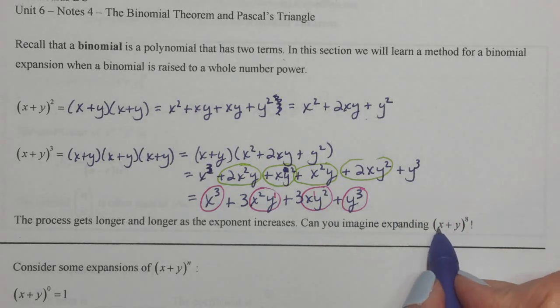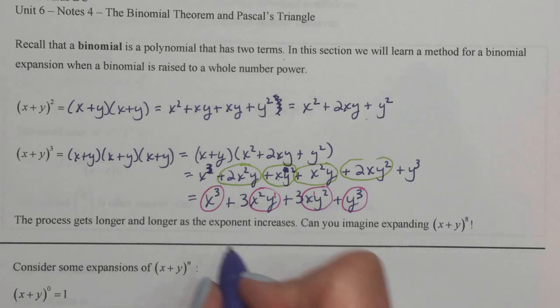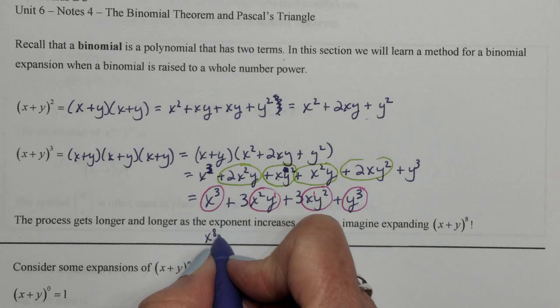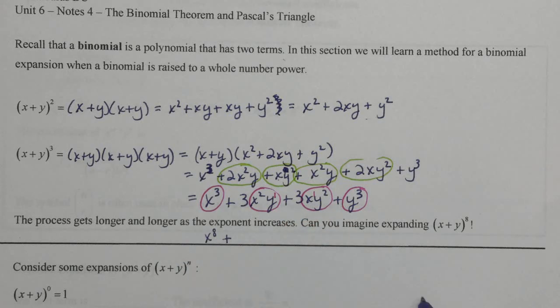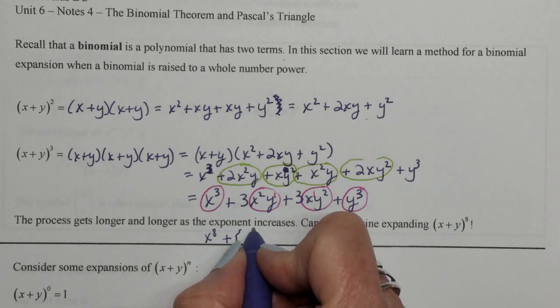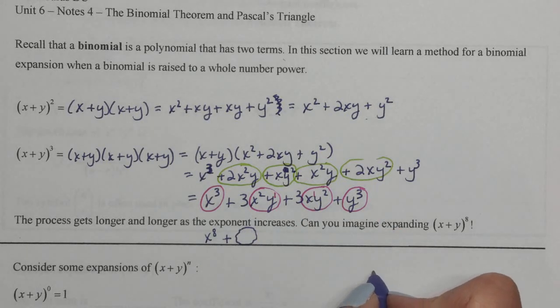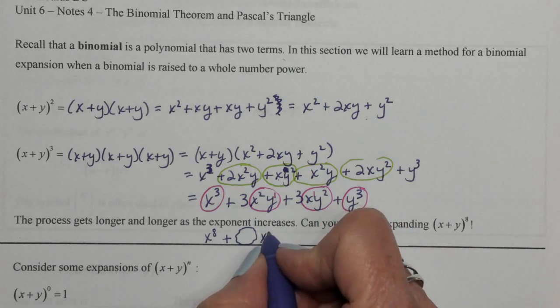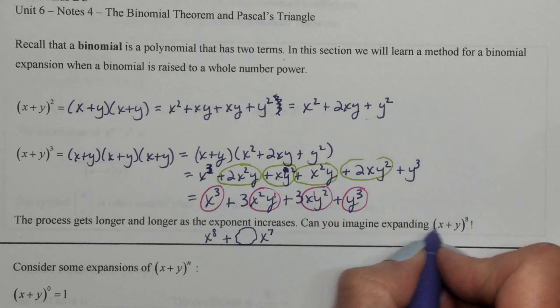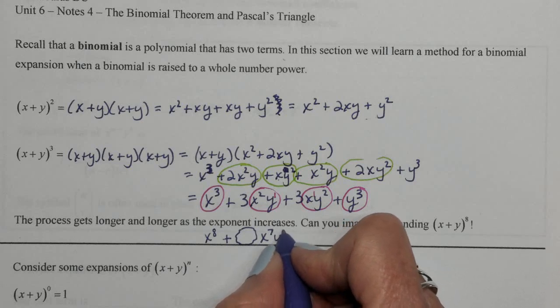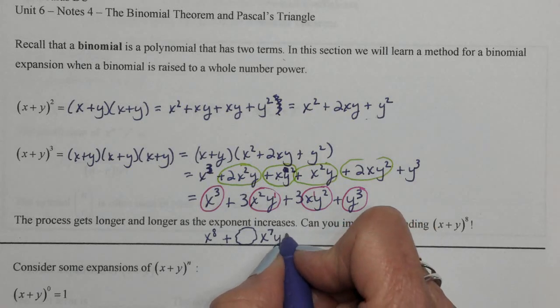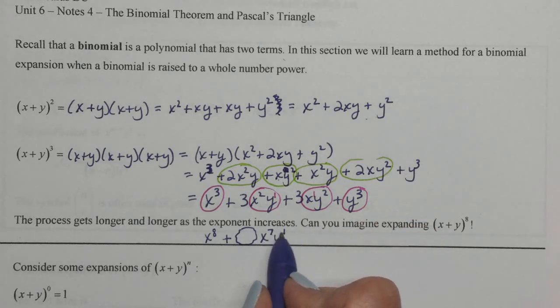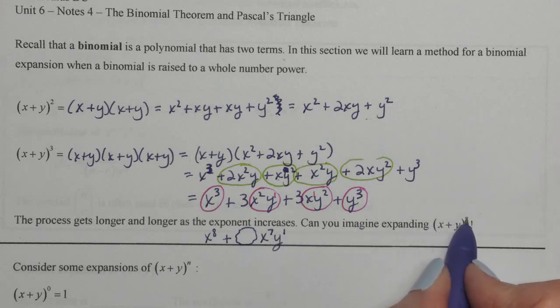So if we had x plus y to the 8th, what do you think that very first term would be? It would be an x to the 8th plus. The next term would have some coefficient, I don't know what it is, but then what would the x's and y's look like? The x exponent would decrease by 1, the y exponent would increase by 1. Each time their powers are going to add to 8.